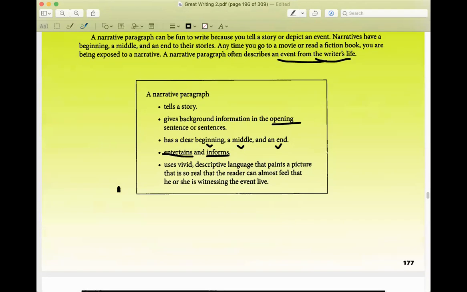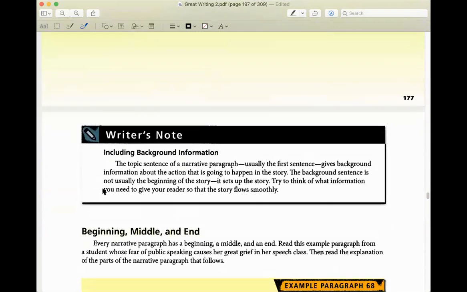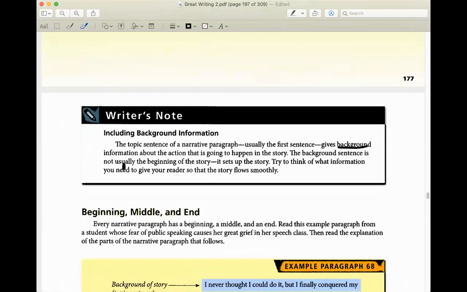You want the reader to feel like he or she is there. Like when I read your narrative paragraph, I should feel like I'm right there with you while this is happening. Okay. So the topic sentence in this case gives background information about the action that's going to happen.